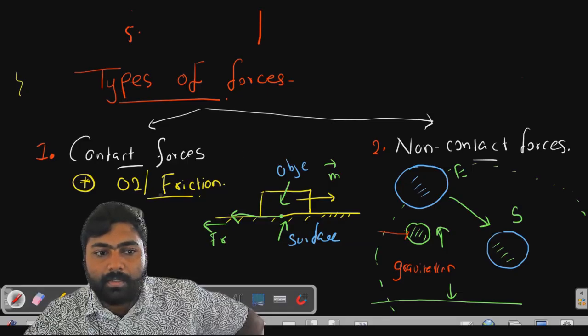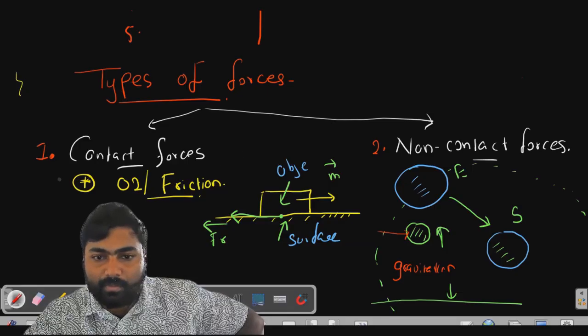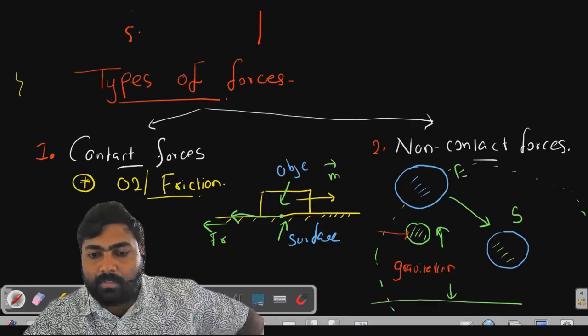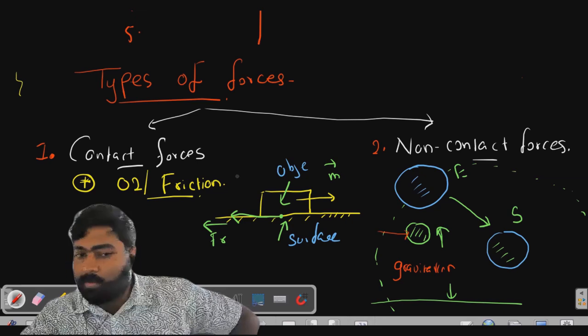Okay. Then write the subtopic as contact forces. Contact forces. Write down this one.